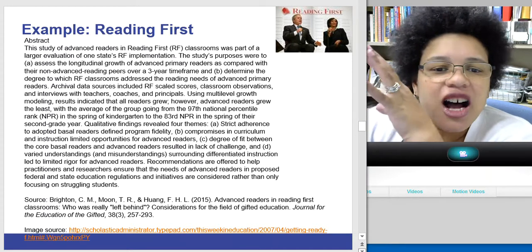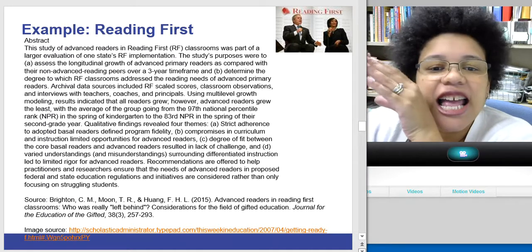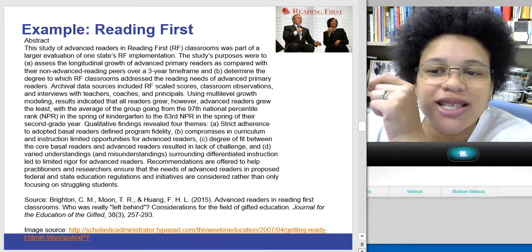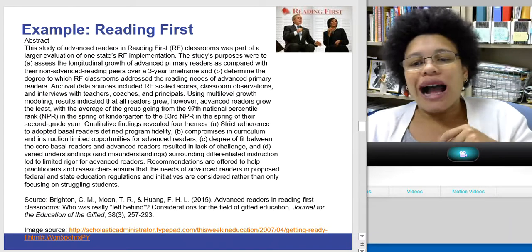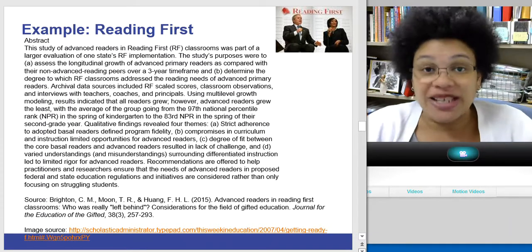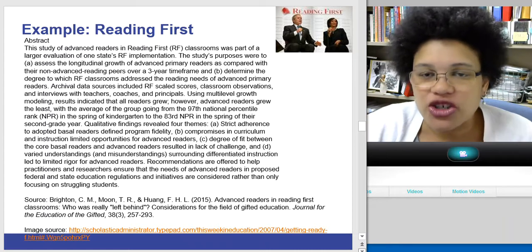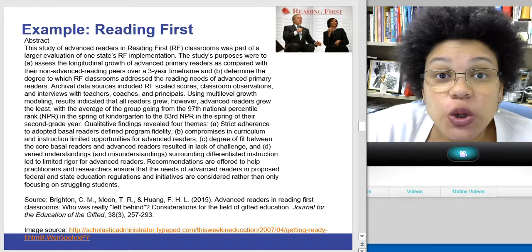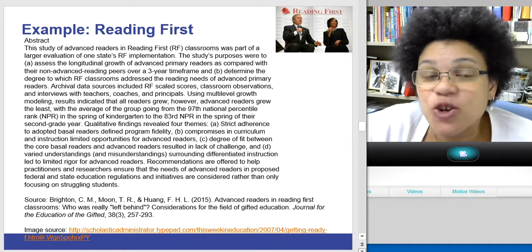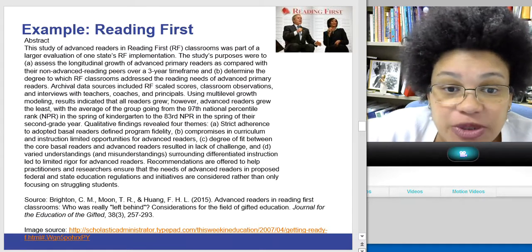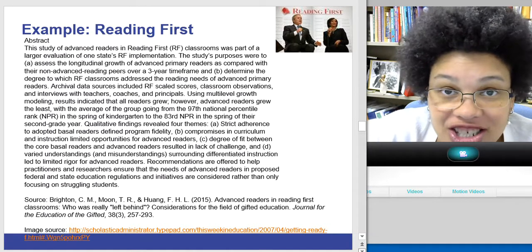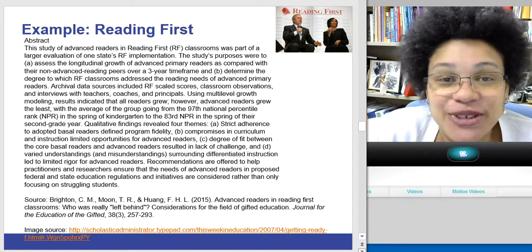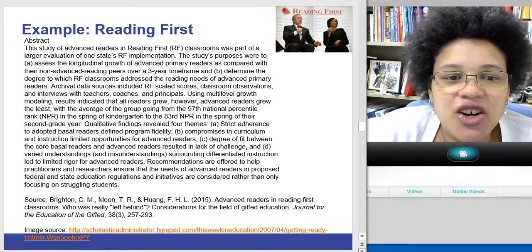Strict adherence to the basal readers was defining how much program fidelity, how much teachers were sticking to the program, right? So you can imagine as this initiative is rolled out, the coaches and the principals are going to see whether you are actually doing what you're supposed to do in the classroom if you're the teacher.